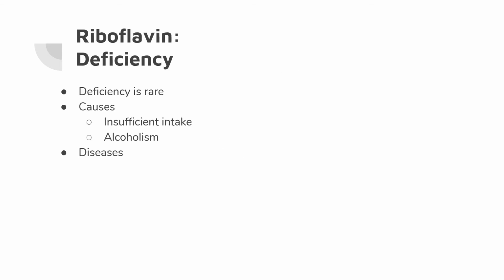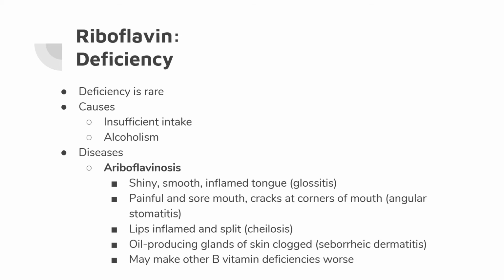Deficiency of riboflavin is rare because it is so abundant in our food, but it can happen. Again, alcoholism is a major cause, as well as just insufficient intake. The primary disorder associated with riboflavin deficiency is ariboflavinosis, and this is characterized by shiny, smooth, inflamed tongue, which is glossitis.